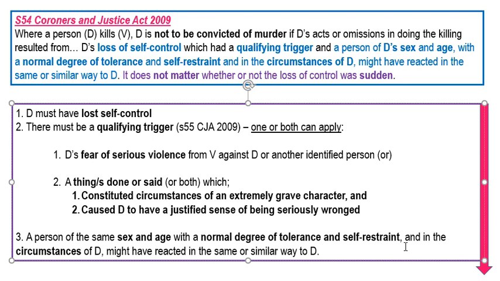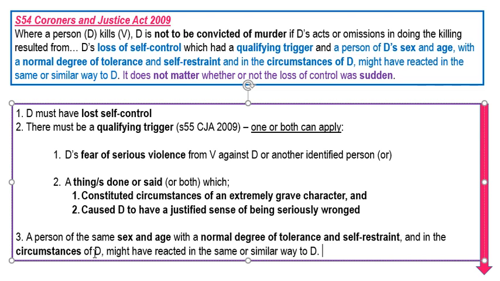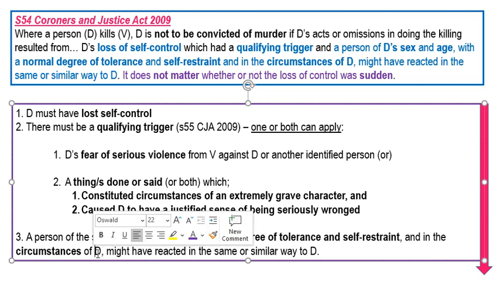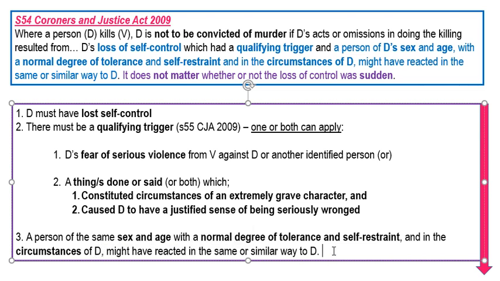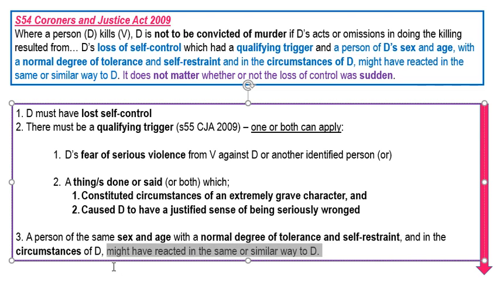So let's just say that's the reasonable man. And in the circumstances of the defendant, so the jury need to put themselves in the defendant's shoes. Would they have acted in the same or similar way? Now, this question isn't asking if the jury would have killed in that situation, because that's a really difficult question.